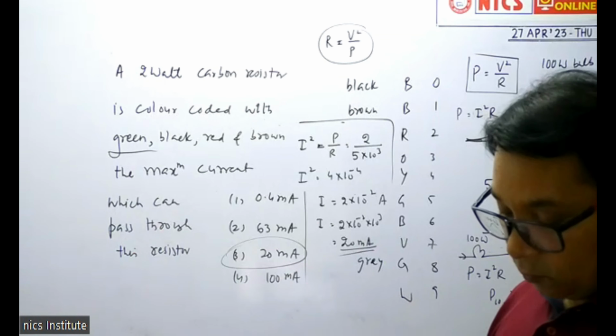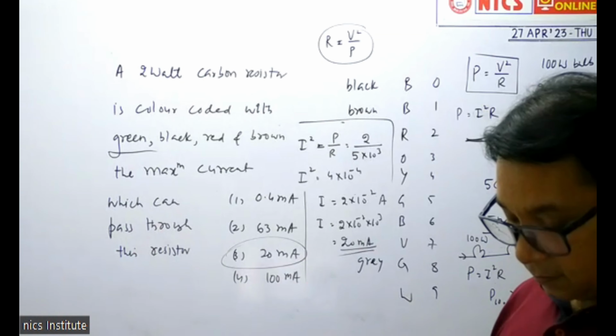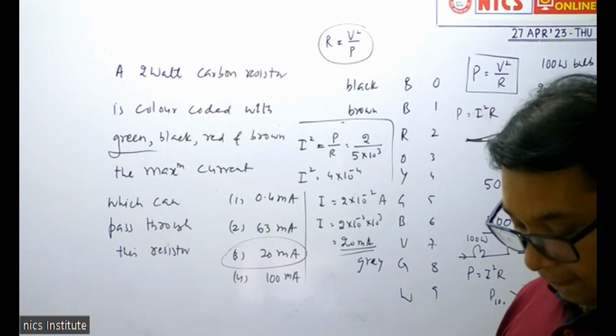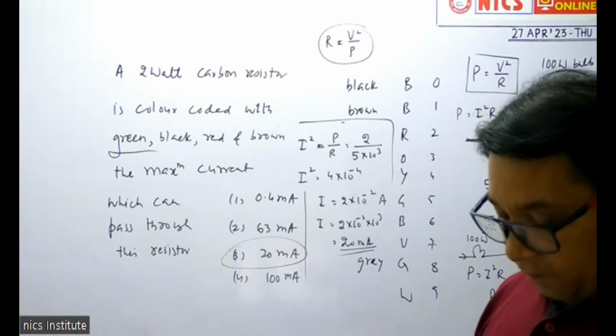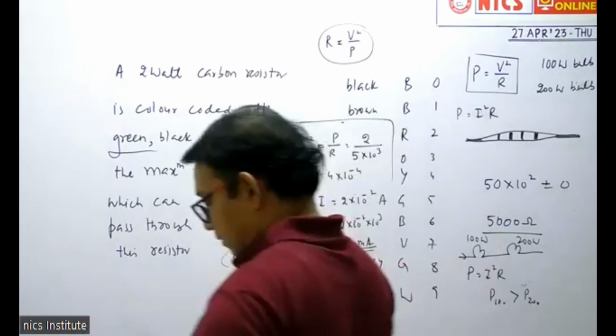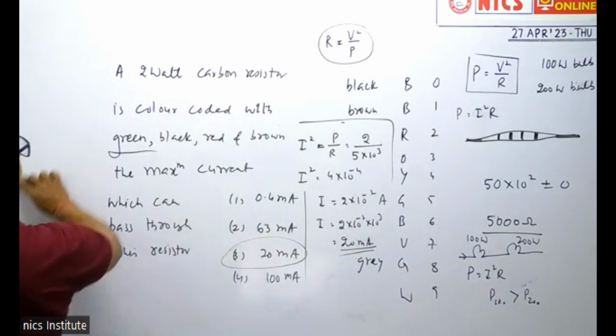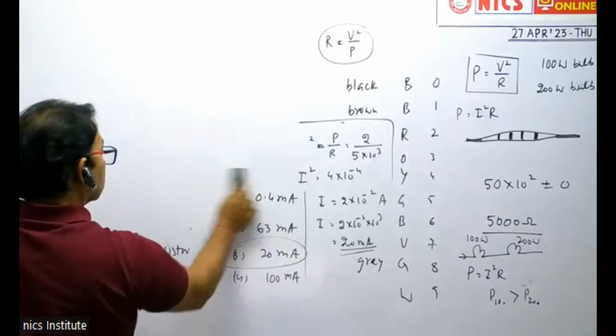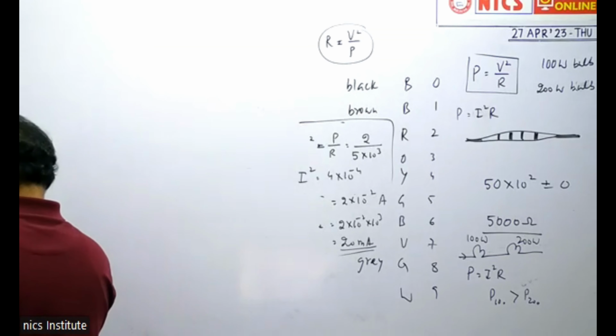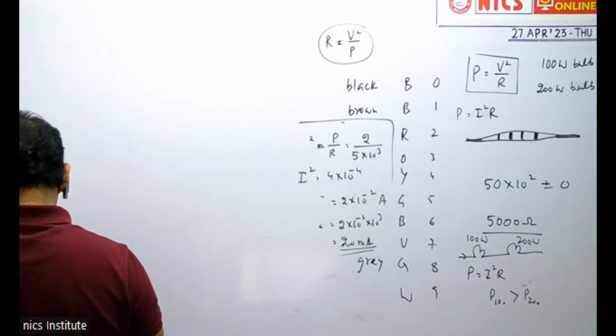And she has sent one more question. Write it down. The average of 15 numbers is 18.